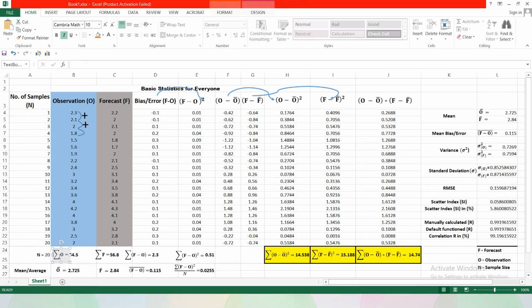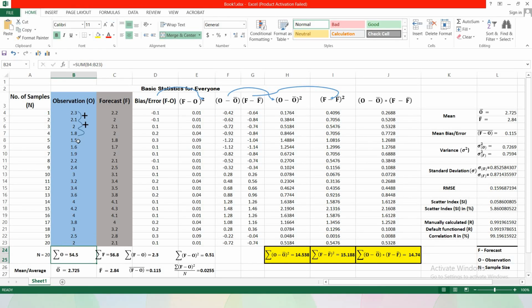The summation of all this data is 54.5, and dividing by 20 gives the average, 2.75. That is O bar.